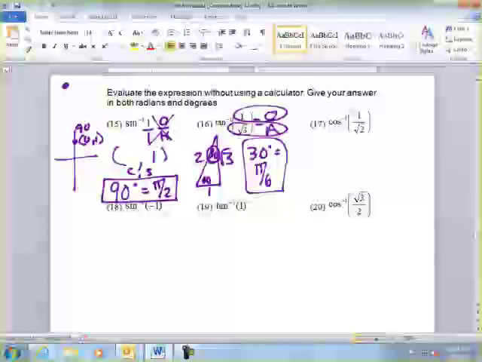What's SOHCAHTOA for cosine? Which triangle has a hypotenuse of square root of 2? 45, 45, 90. In the 45, 45, 90, your answer must be 45 because 90 cannot be an answer from a triangle.